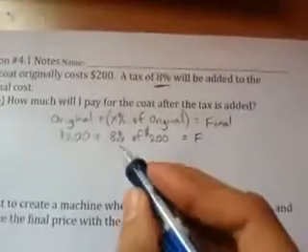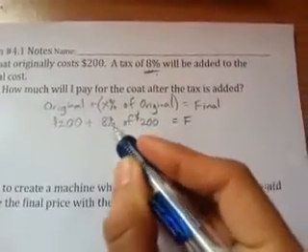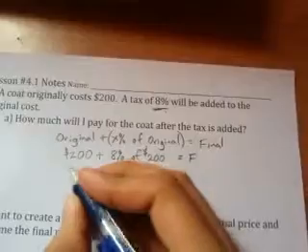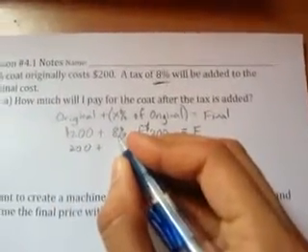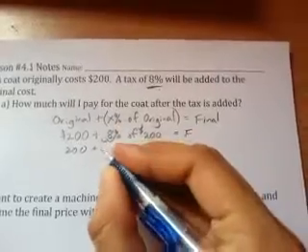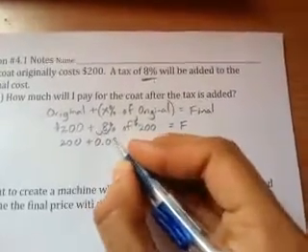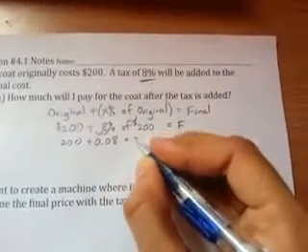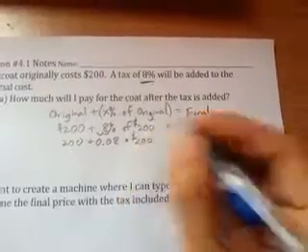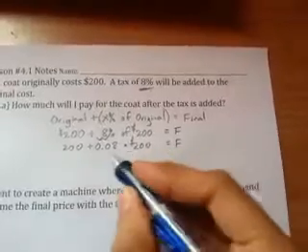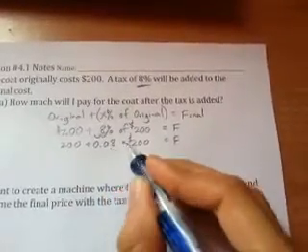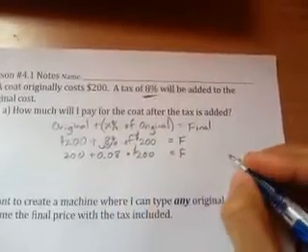Okay, so percent itself, I really don't like this percent sign, so I'm going to change that into a decimal. It's dividing by 100, so I'm going to move the decimal place twice, so I get 0.08 of the $200. That's going to equal my final amount. So I have to calculate this 8% of 200, and let me just do that on the side.